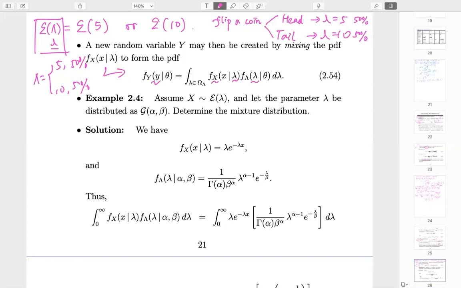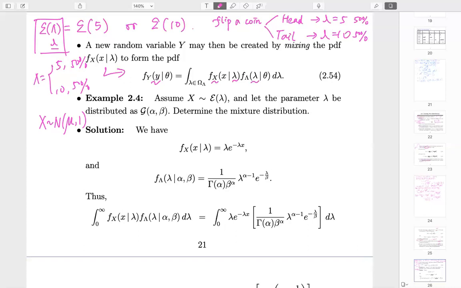Let me give you another example. Let's say my x follows a normal distribution. Let's say my variance is 1. So I know the variance, but unfortunately, I don't know the mean of this normal random variable.